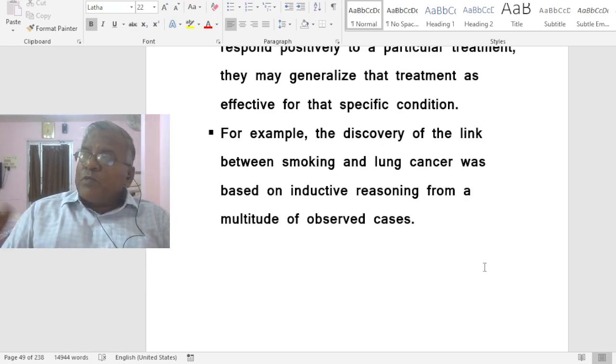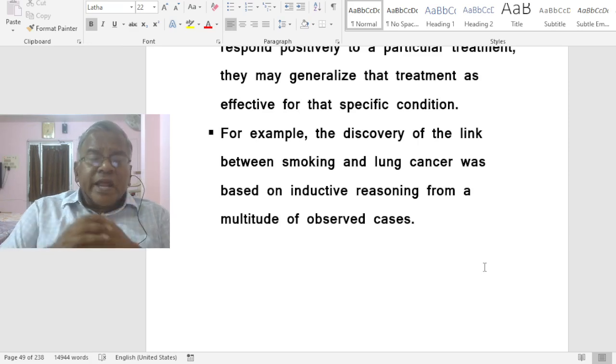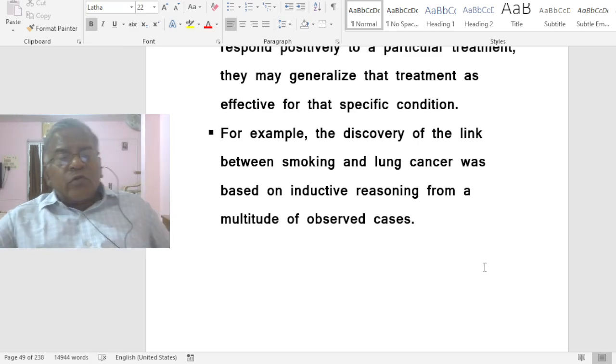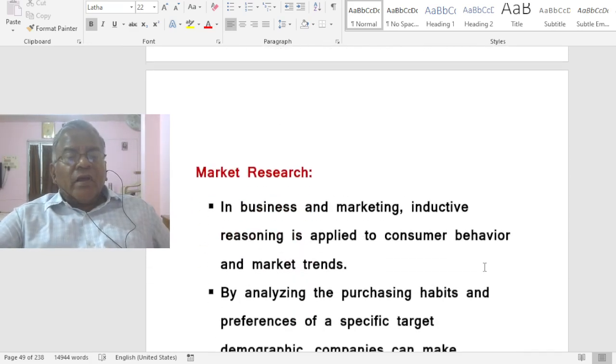Like that, so many people come to the doctor and then they examine and they see that because of smoking they are having lung cancer. So this is how inductive reasoning is developed.